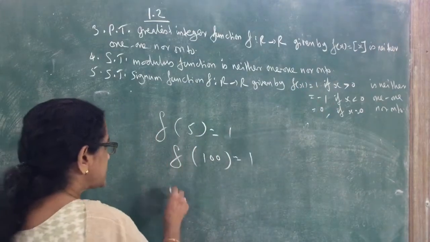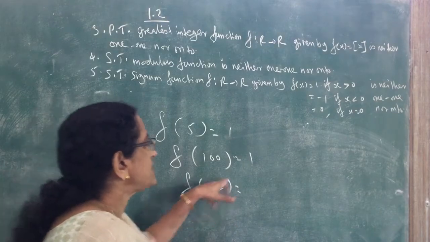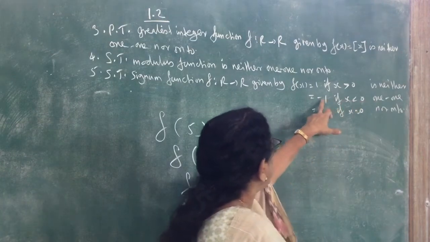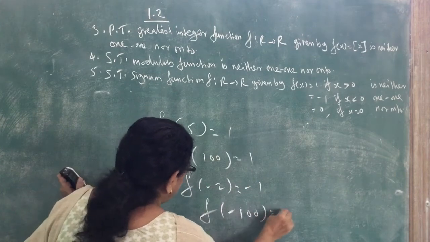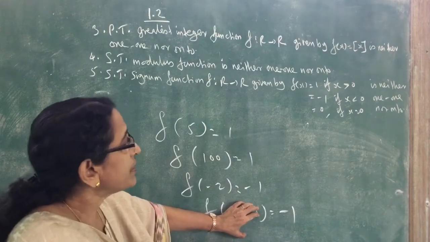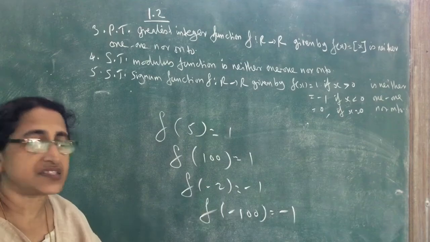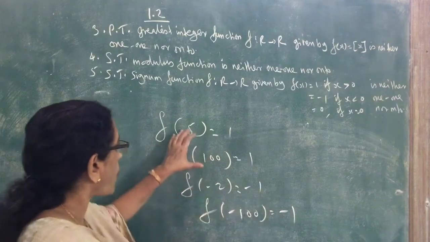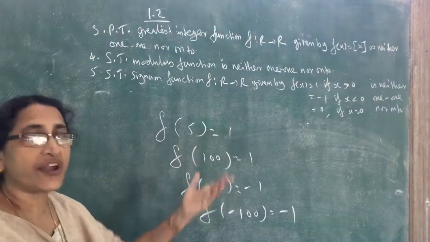Now consider negative numbers. f of negative 2: negative 2 is less than 0, so the value of the function is negative 1. f of negative 100 is also negative 1 because negative 100 is less than 0. So for all real numbers less than 0, the image is negative 1. Now, what is the image of 0?